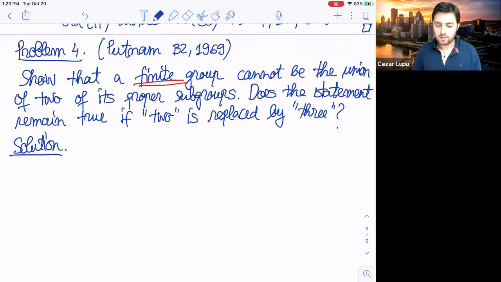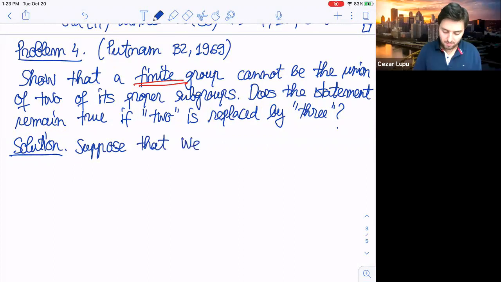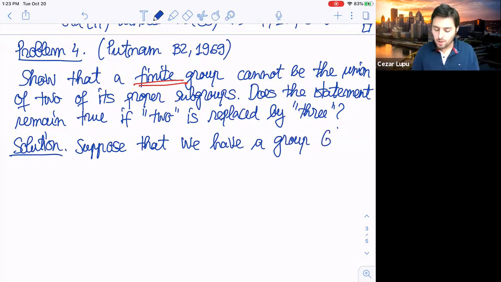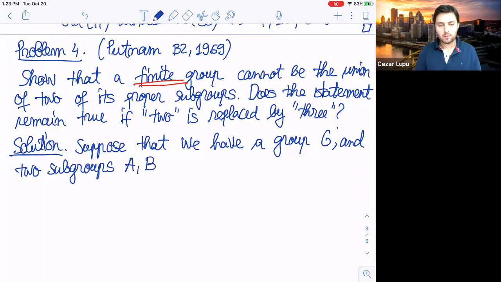So anyway, now let's suppose that we have, okay, let me just name everything here. Suppose that we have a group G, right? And two subgroups, let's say A and B. Whatever, you can put H and K usually, but I just want to put them differently, right?